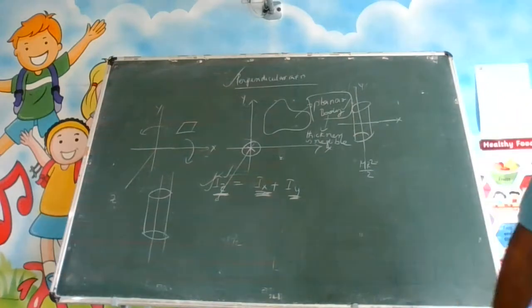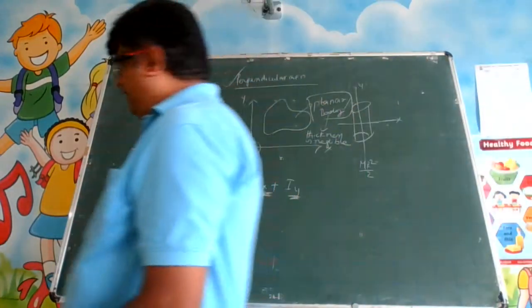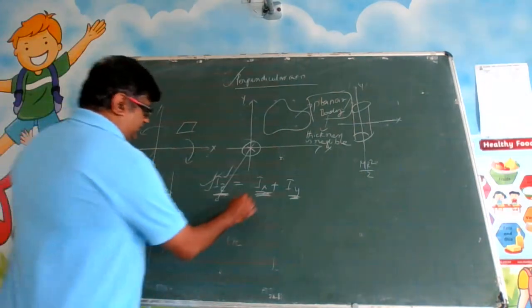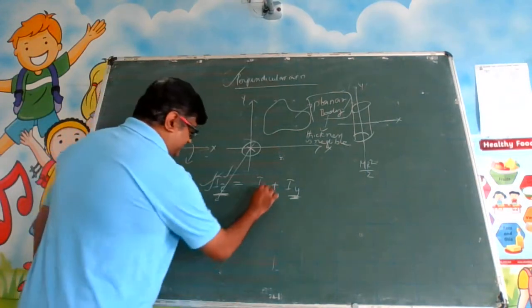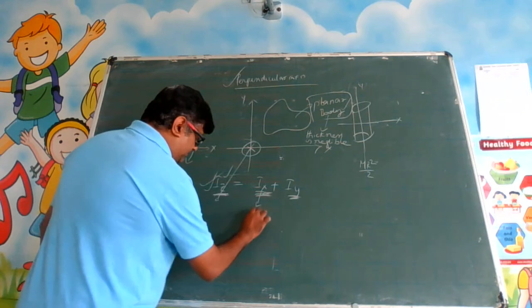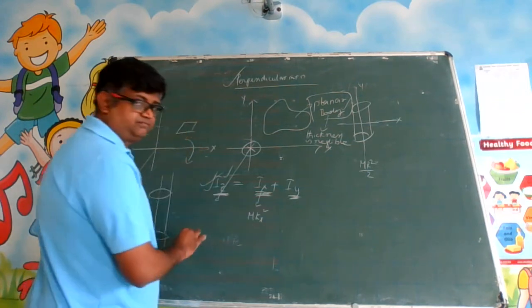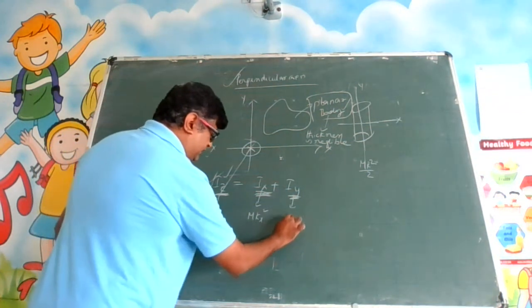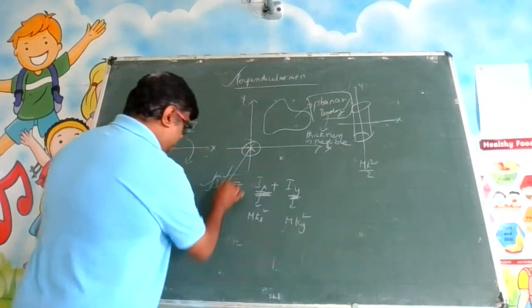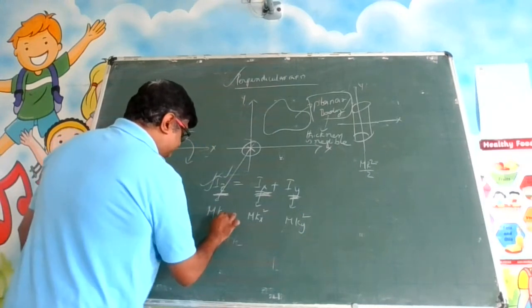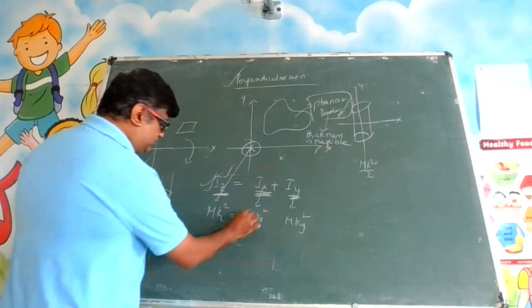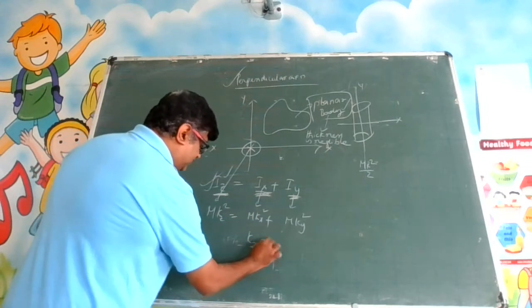So let us see one example if possible. And here, if you are finding Ix, how will you write its corresponding expression? You will write m kx square, right? So the Iy will also be m ky square, and the Iz will be m kz square. So here, how to get kz?